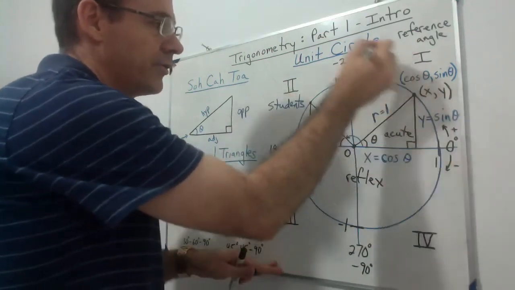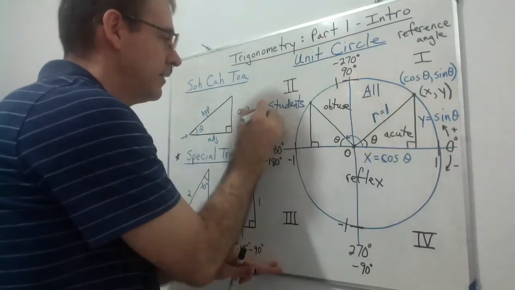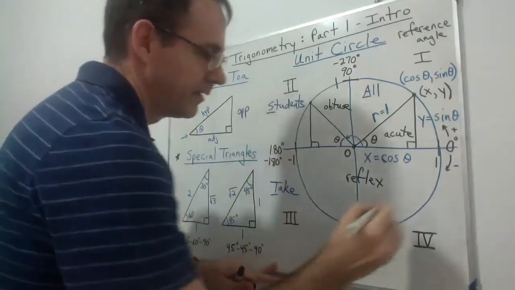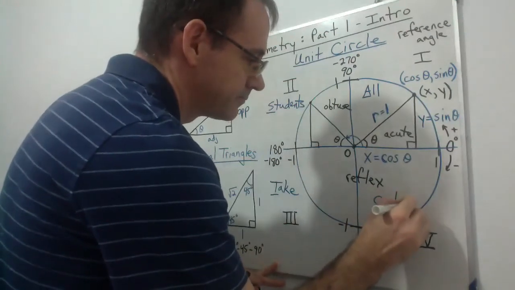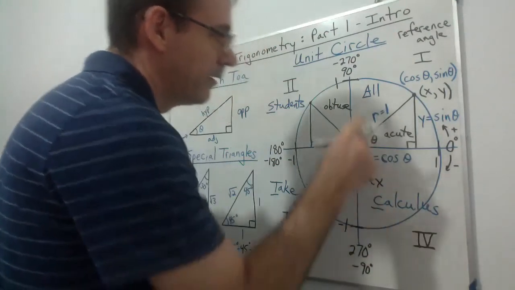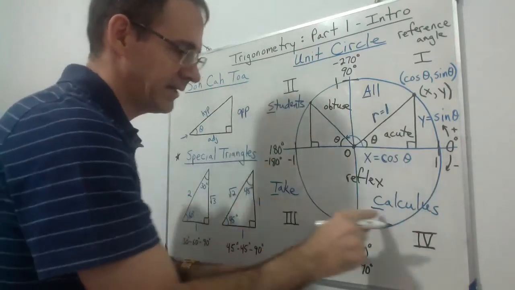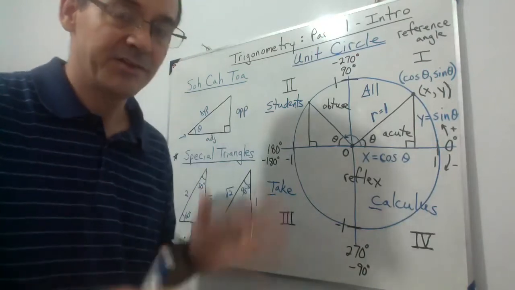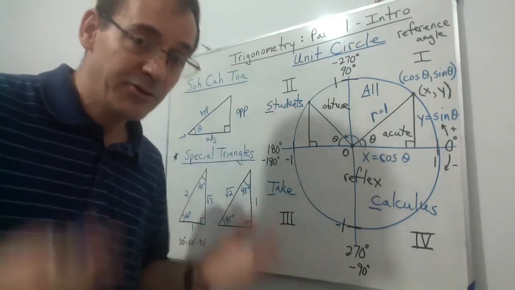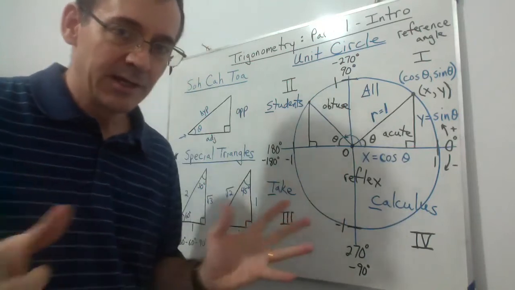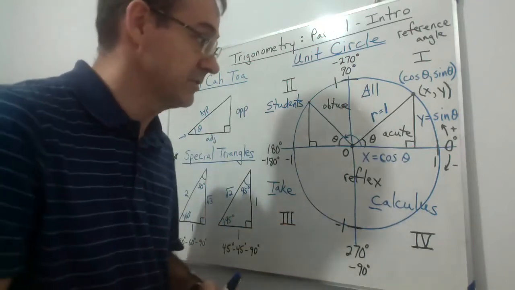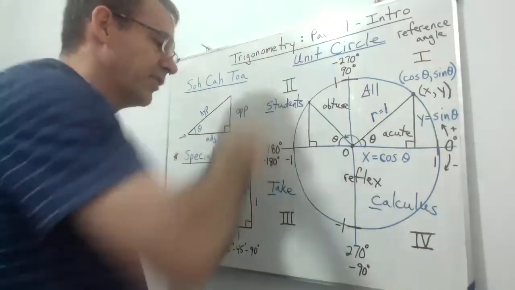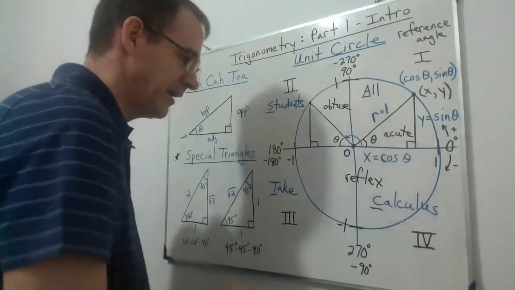Notice we're going in order of the quadrants, first quadrant, all students take calculus. Now there's different ways of learning this, okay? This is the way that I use in my mind when I'm trying to figure out the positive negative of trig functions. So starting with the first quadrant, going around in order of the quadrants: all students take calculus.